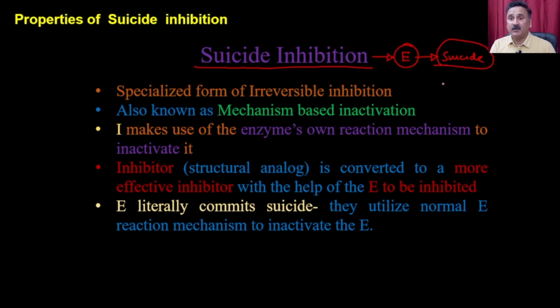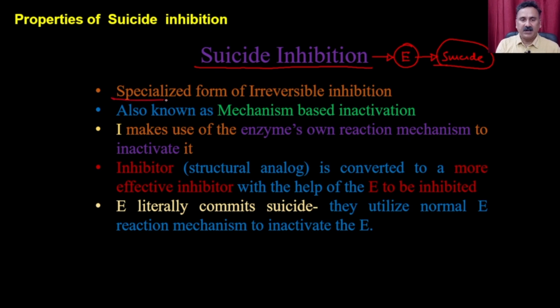The inhibitor is not an irreversible inhibitor to begin with. Once it is processed by the enzyme, it gets converted into an irreversible inhibitor, and that's how the enzyme is responsible for converting an inhibitor into a suicidal inhibitor.